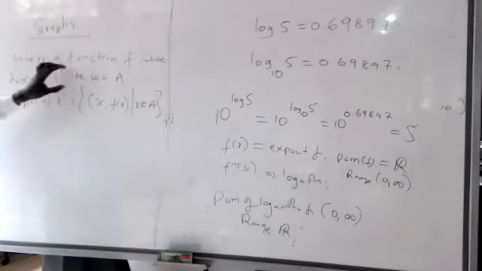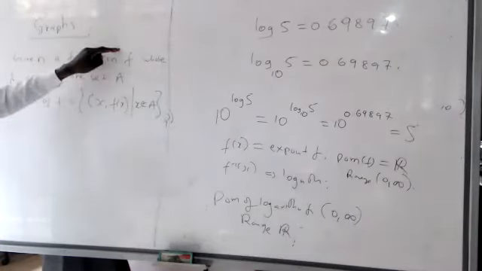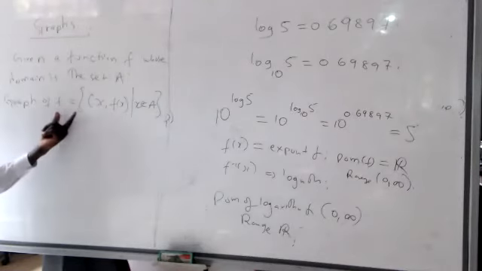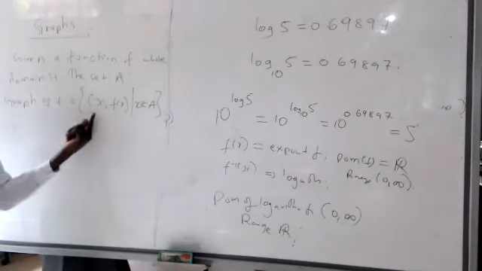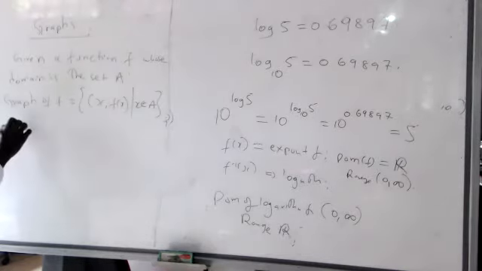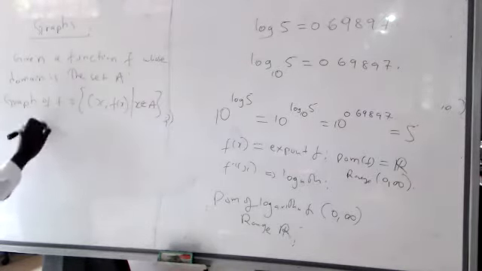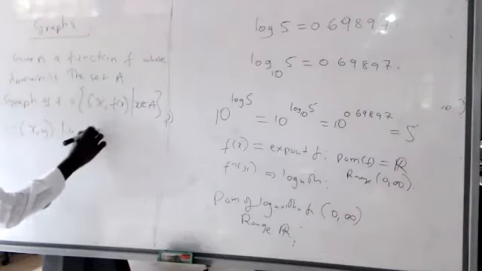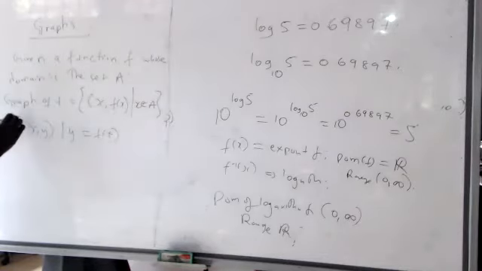So I've said A is the domain of f. So the graph of f is simply the ordered pair x comma f of x. Or you can take it as x comma y such that y is f of x. Either of these two can work.